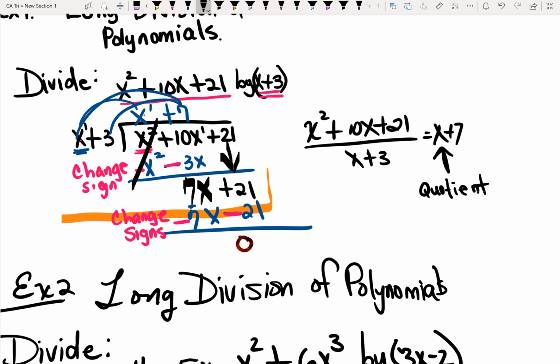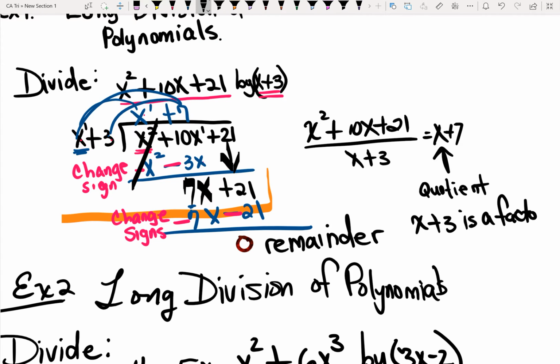The remainder is 0. So in this case, we would say that x plus 3 is a factor of x squared plus 10x plus 21.